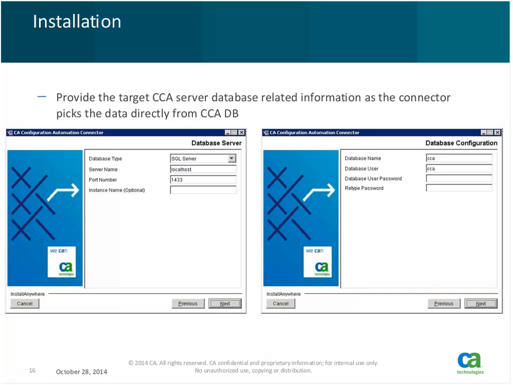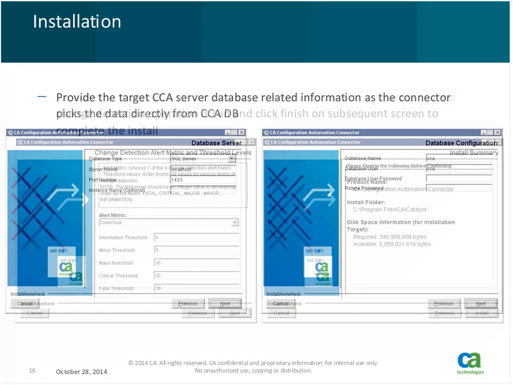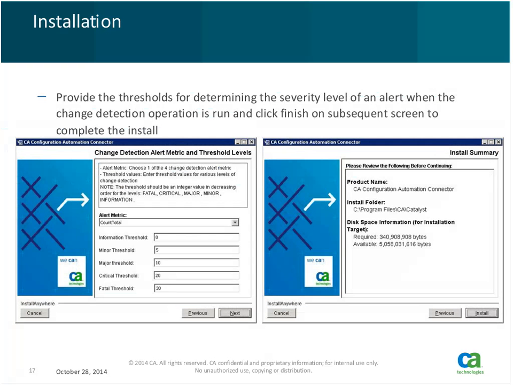Now it's time to enter the CCA DB details, where we are connecting to the schema and pulling the data from the required tables, and the database username and password.